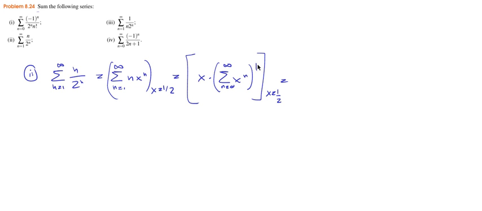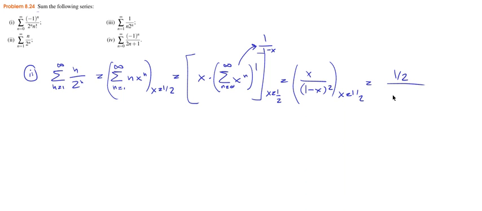Now this function is 1 over 1 minus x if the absolute value of x is smaller than 1, but in this case that's true. So the derivative of this, we know, is 1 over 1 minus x squared, and this is multiplied by x here, evaluated at 1/2. So this is 1/2 divided by 1/2 squared, so 1/4. This is 1/2 over 1/4. This is 2.